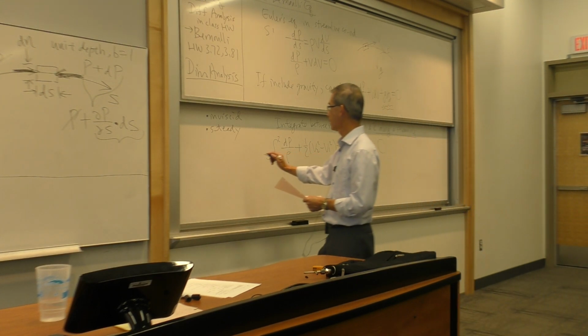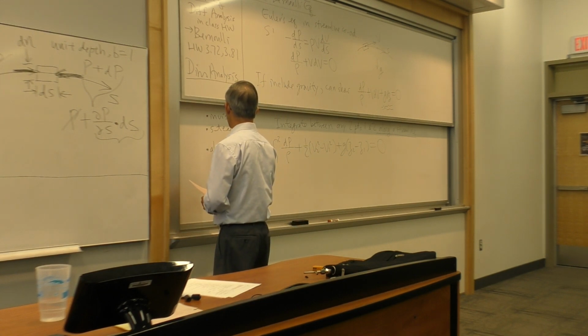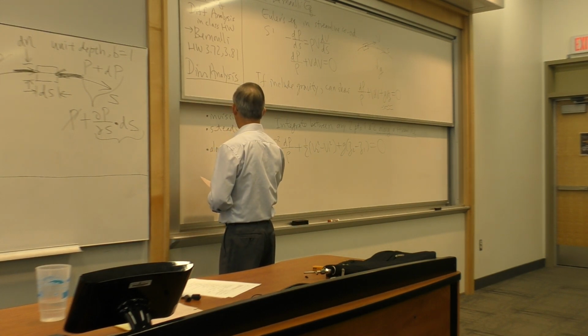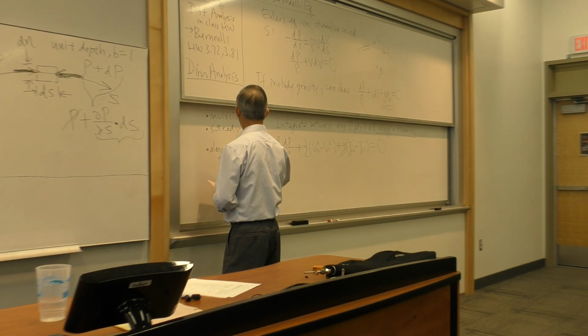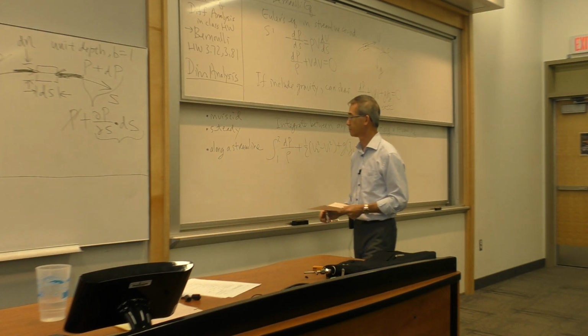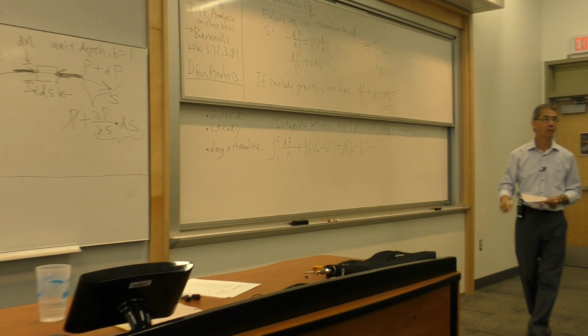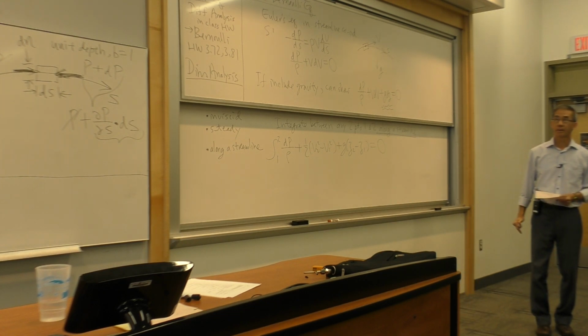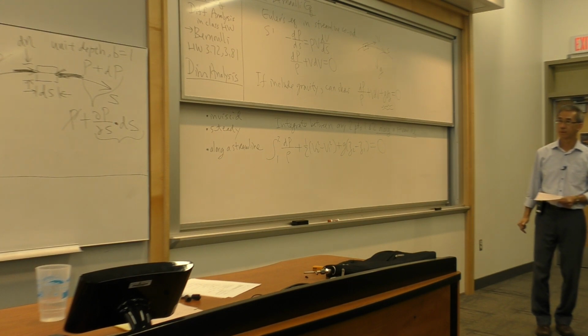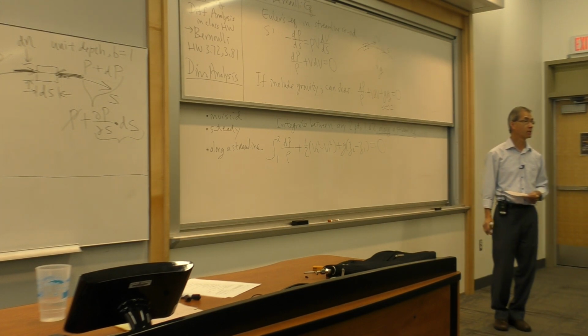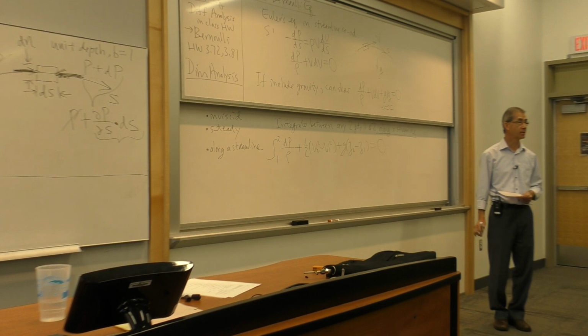So right at this step, I'm adding along a streamline. So when you do your derivation as homework, I want you to think, and this is a very difficult concept to convey: up to this point, I make no assumption about the fluid density being constant. And I want you to think about why.